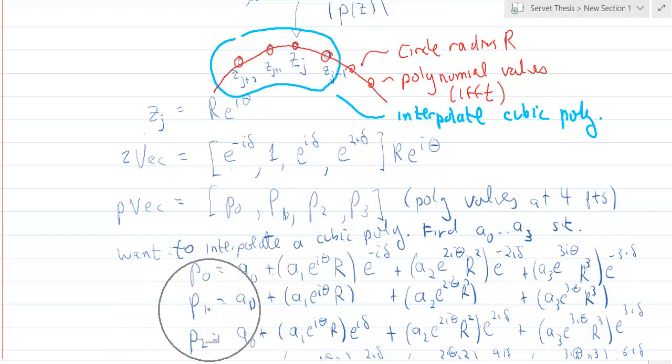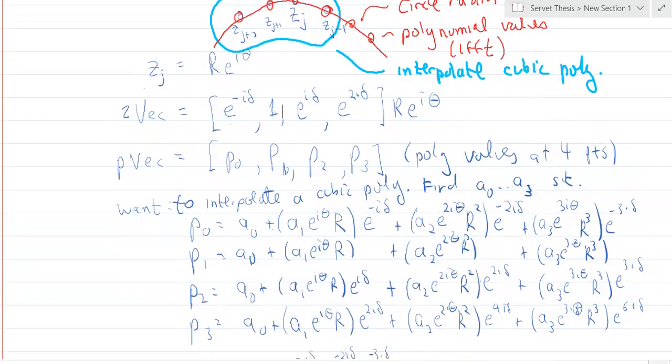P1 is the value of the polynomial at Zj. Right, you see Zj is here. It's 1 times r e to the i theta j. The value of the polynomial is P1. So P1 is equal to a0 plus a1 times Zj plus a2 times Zj squared plus a3 times Zj cubed, and so on. I have Zj plus 1 and I have Zj plus 2.